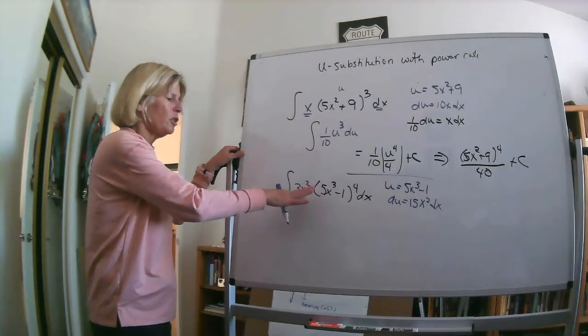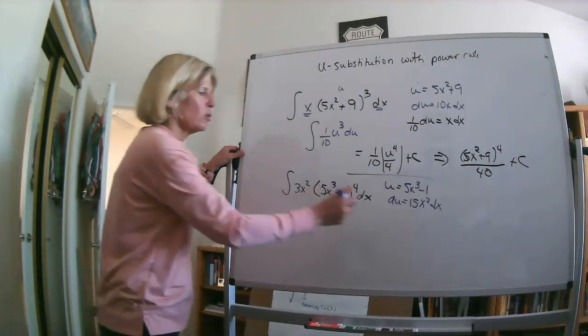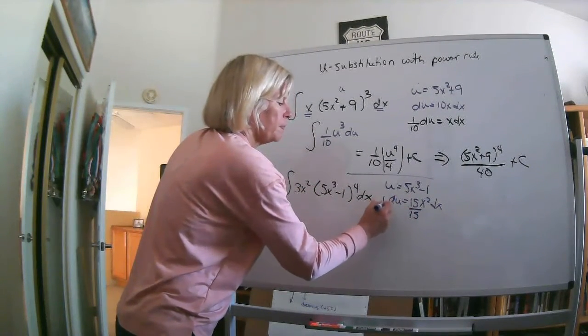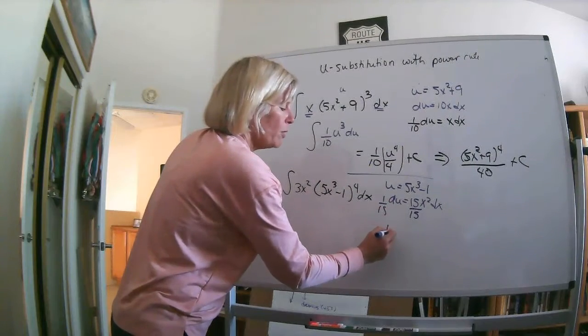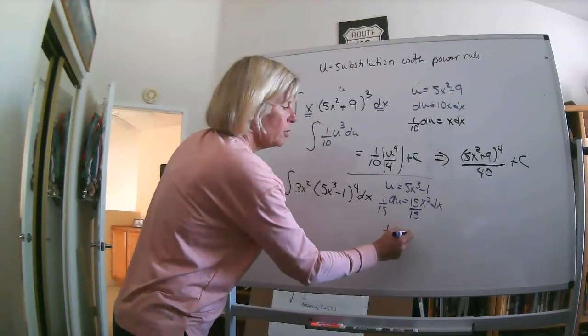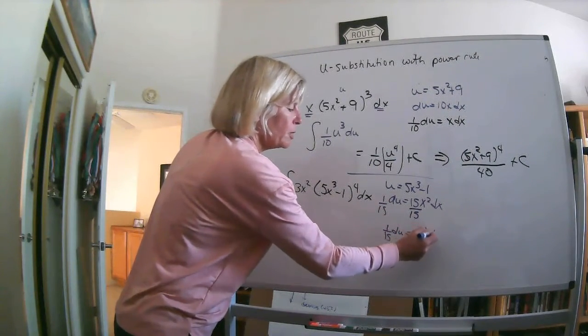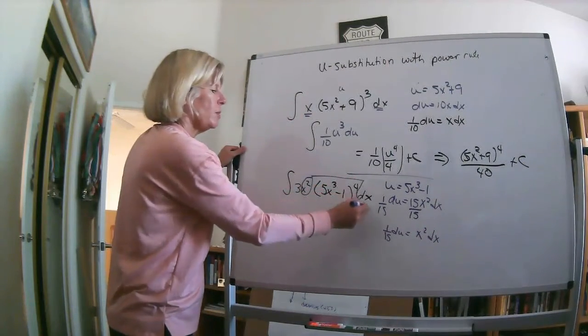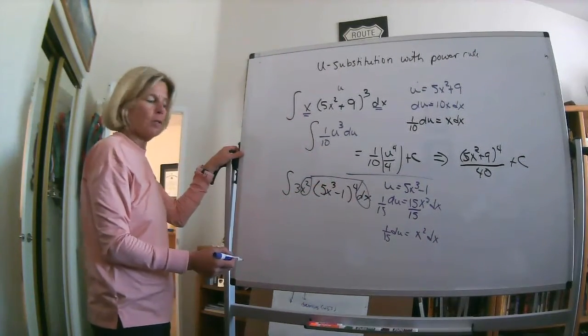What I'd like to do is just substitute for the x squared. So I'm going to divide by 15. So my 1/15 du is going to be x squared dx. So I'm substituting for the x squared dx.